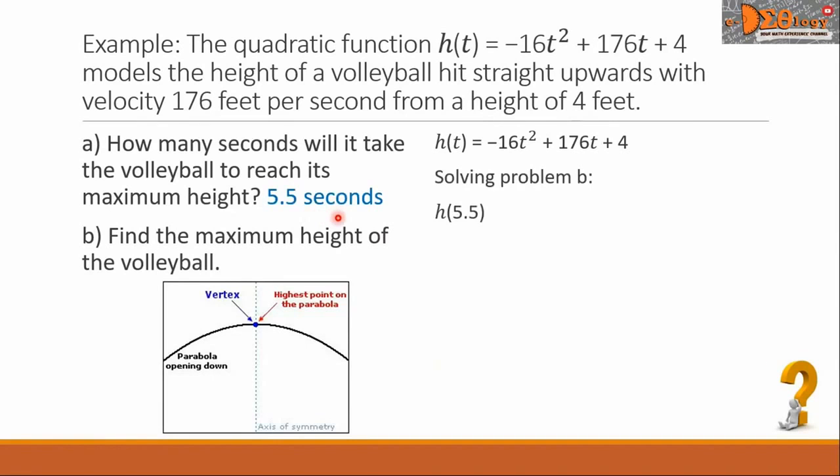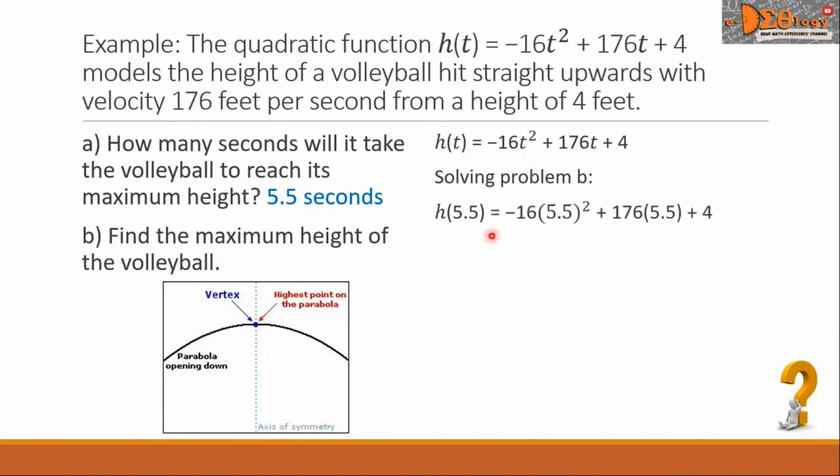Now, let us solve for problem B. In here, what we will do is to evaluate our function using the value of t that we solved from A. So this is h of 5.5. Let us now evaluate our function, and every time we have t variable, we will change it by 5.5.